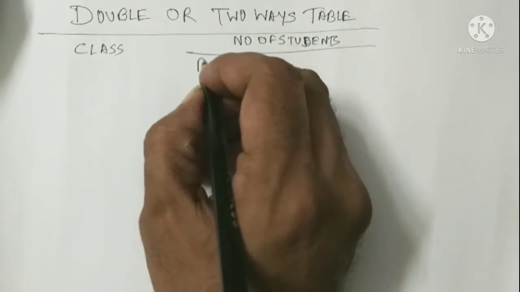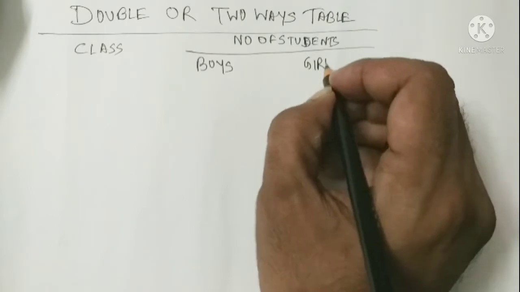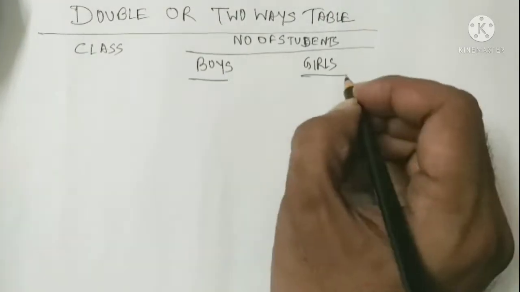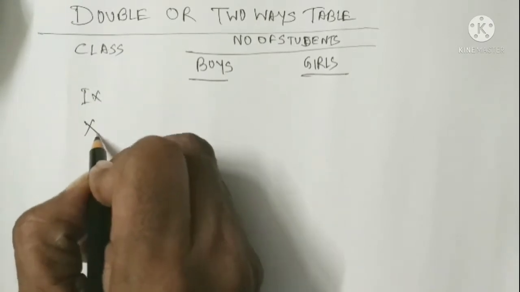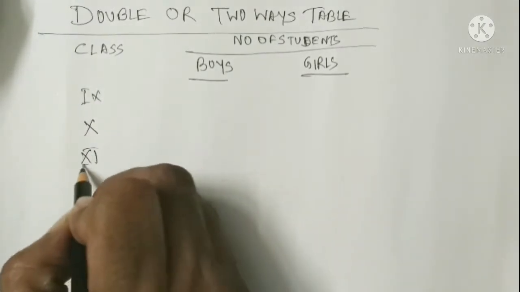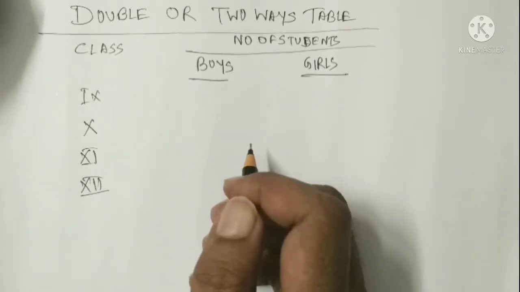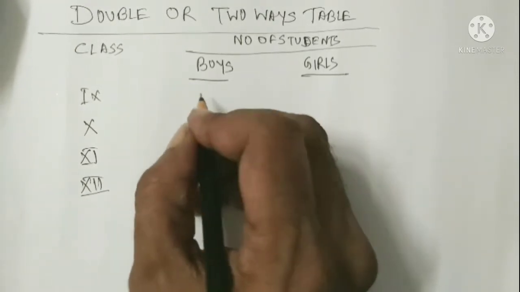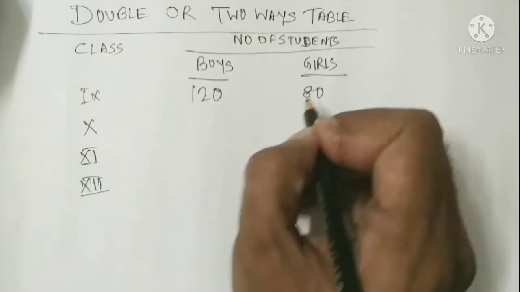Number 1 is boys, number 2 is girls. Hence class 9, class 10, class 11, class 12. In class 9 we get 120 boys and 80 girls.